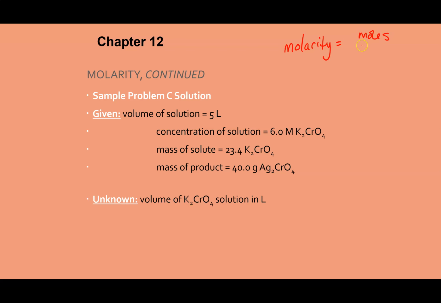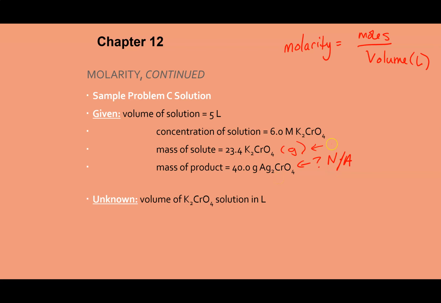We're going to put moles over volume in liters. We know that we have the concentration of the solution, 6 molar. We know that the mass that we actually want to get to is 23.4 grams. Question is, does the 40 grams matter? And the answer is not at all. Reason being, if we can get to this value, we were told that this value would produce the 40 grams.